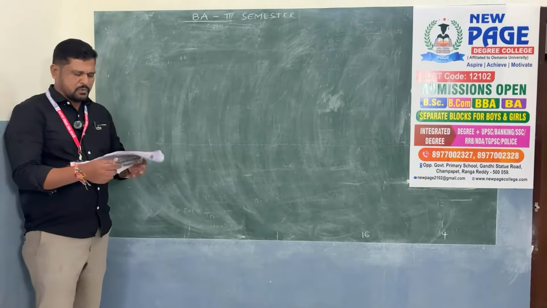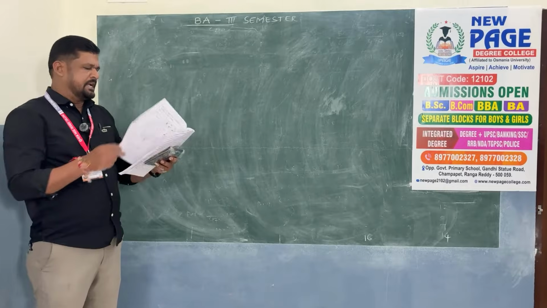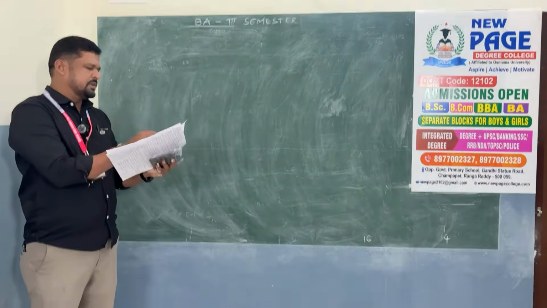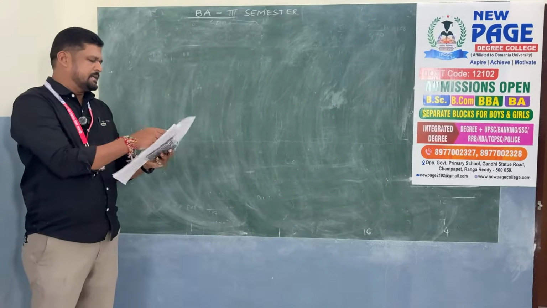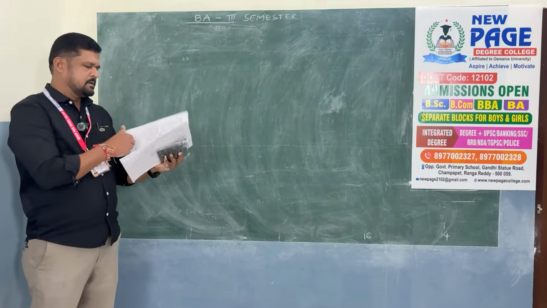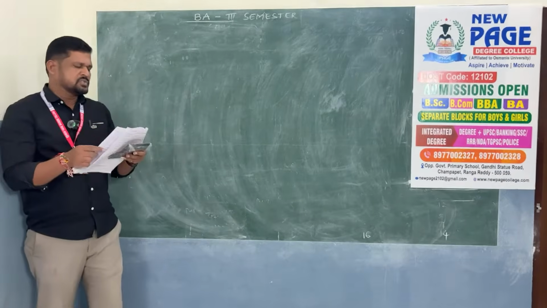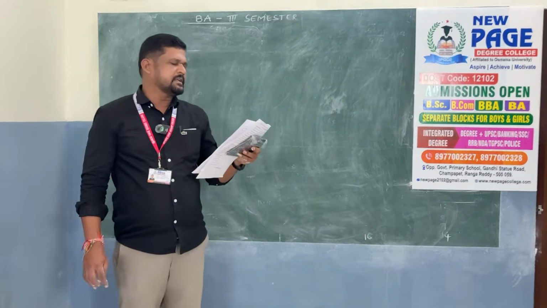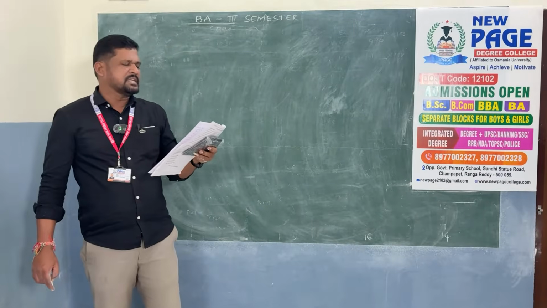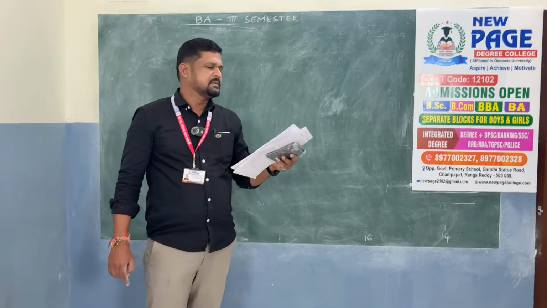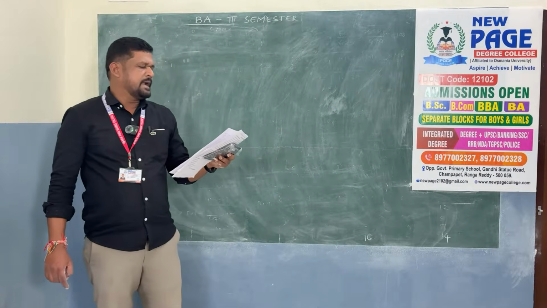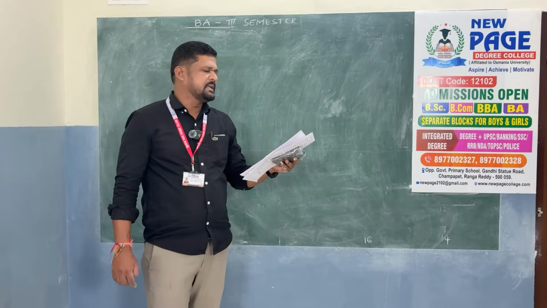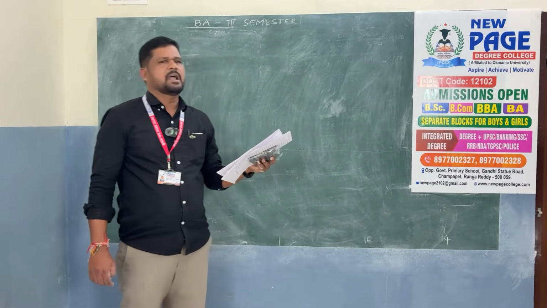We are going to the last unit. Unit fifth, last unit. Last unit is time series. Important theory questions: define time series and explain its components, and explain the meaning and uses of time series analysis in economics.